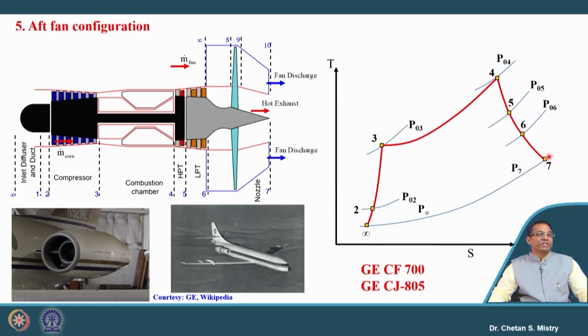Now, if we look carefully, we also have the fan, and this fan sucks the air from the atmosphere. This fan is placed on the rear side and sucks the air from the atmosphere. Here we have a slightly different configuration, where this is a ducted one.